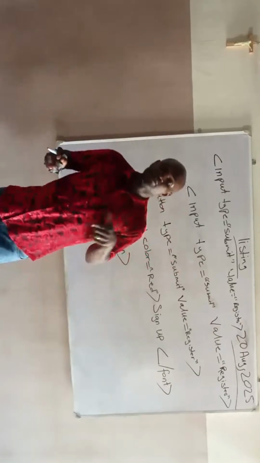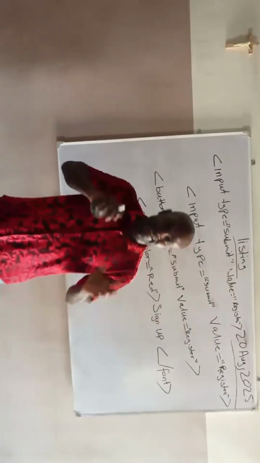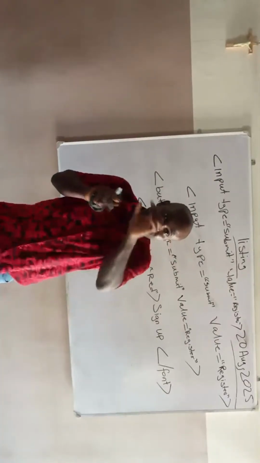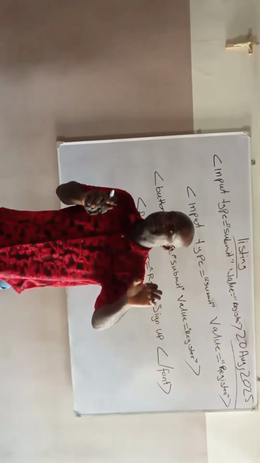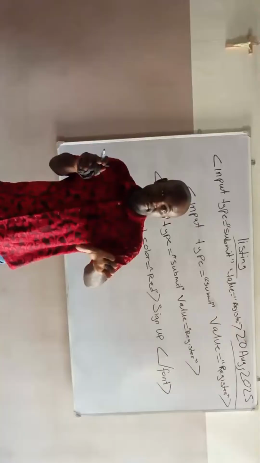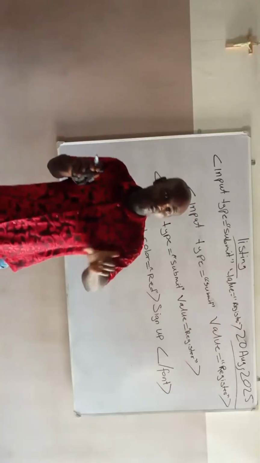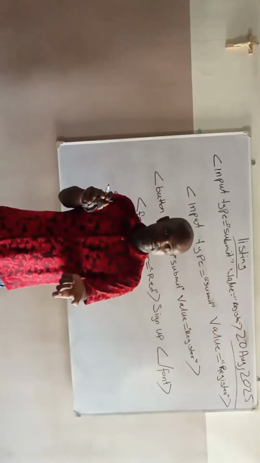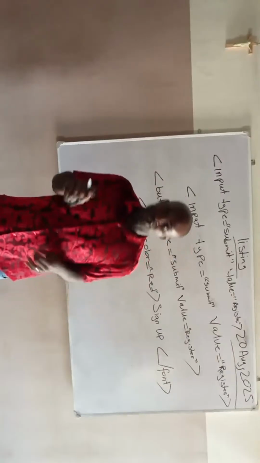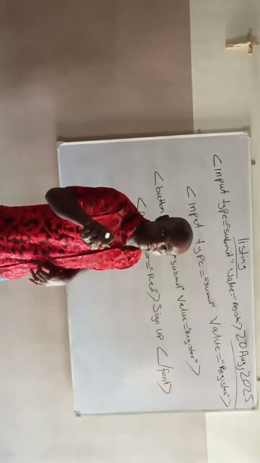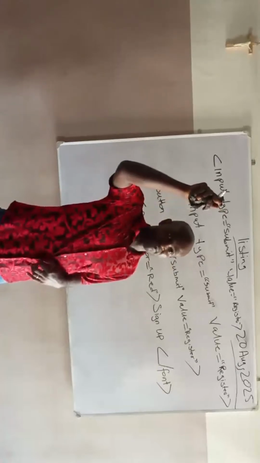Second case, whereby you want to customize the write-up of that particular button, or maybe you want to use an image as your button. You don't want to use the normal regular button. When I click a picture, the form will submit.